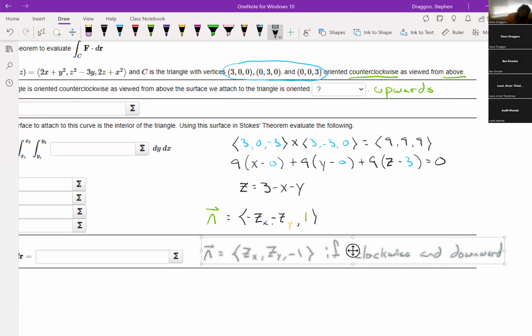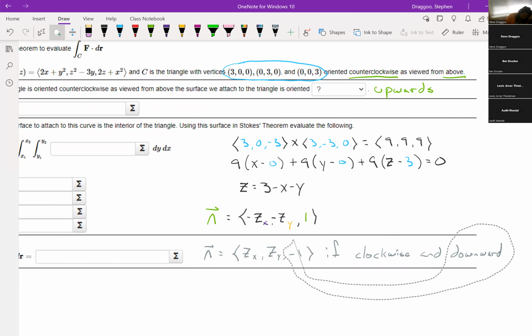I'm going to gray that out because it's more of just a bonus part here. But again, the parts that end up being important here are those elements in red. If it's downward, that means the z component should be negative. But we didn't want that. We wanted the positively oriented one.